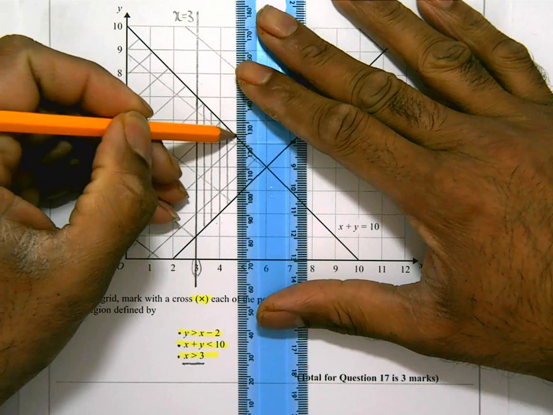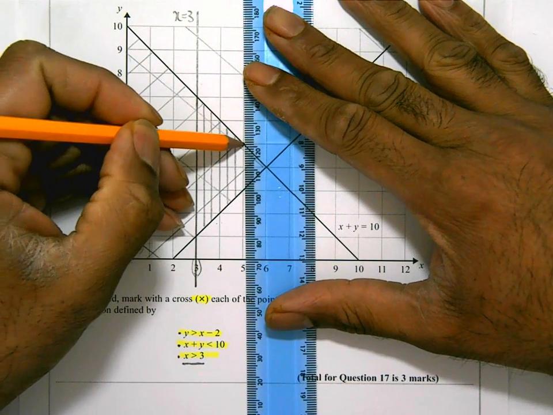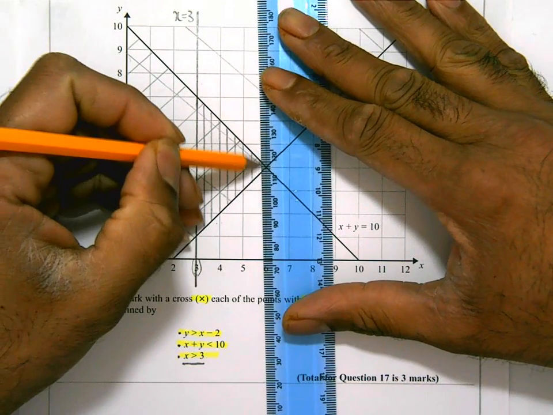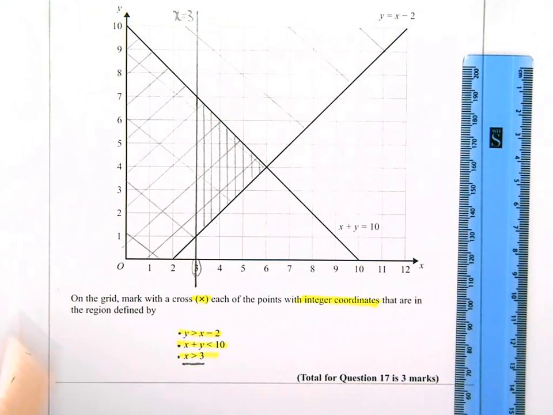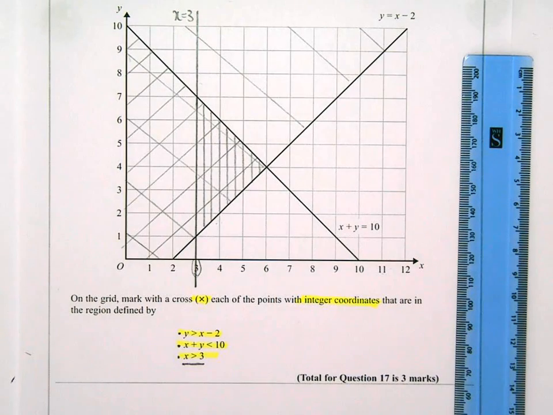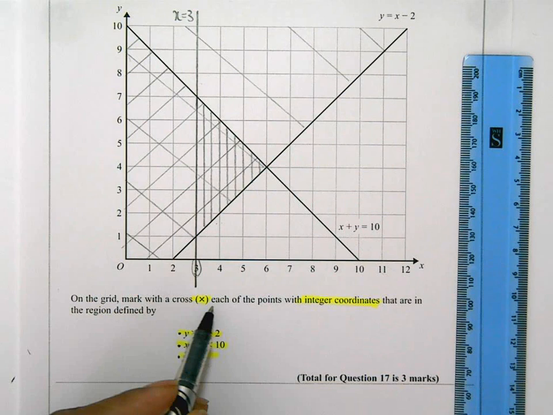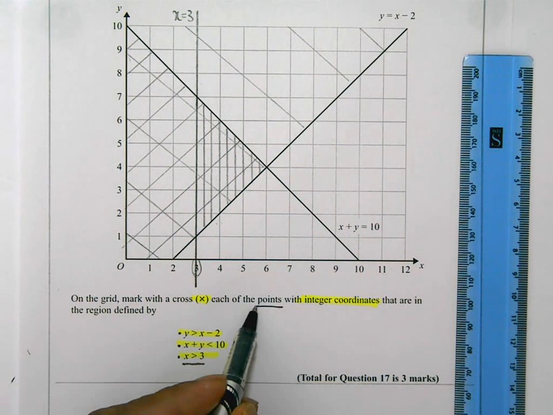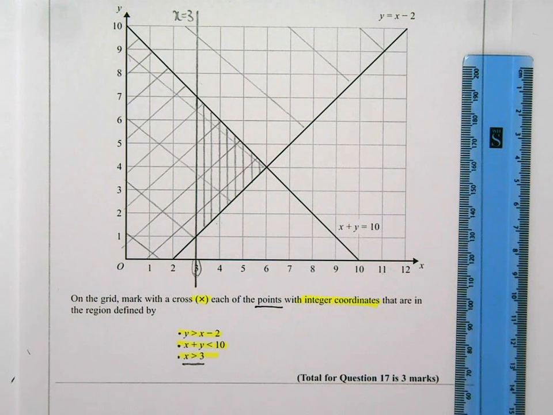So what this tells me is that all three of those inequalities are describing this region of the graph. But the question says, if I go back to it, on the grid, mark with a cross each of the points. So because it says points, plural, that means there's more than one answer, and there are several points with integer coordinates.